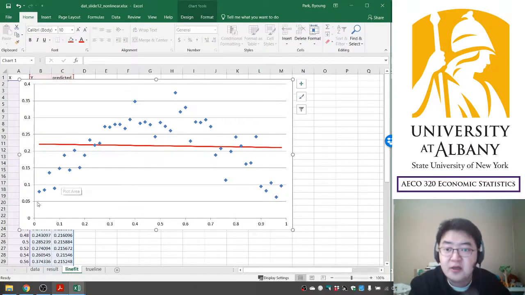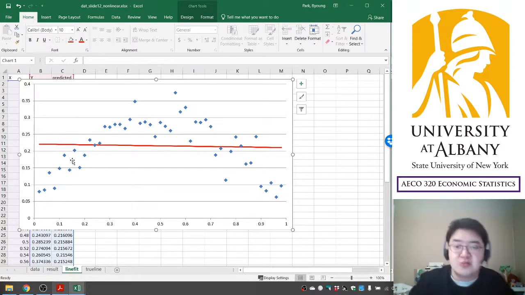The blue dots have a strong inverse U-shaped trend. It increases here and then decreases, which is a clear trend, but a straight line is totally misleading. The straight line is nearly flat, and it looks like X does not change Y at all, but that's not the case.